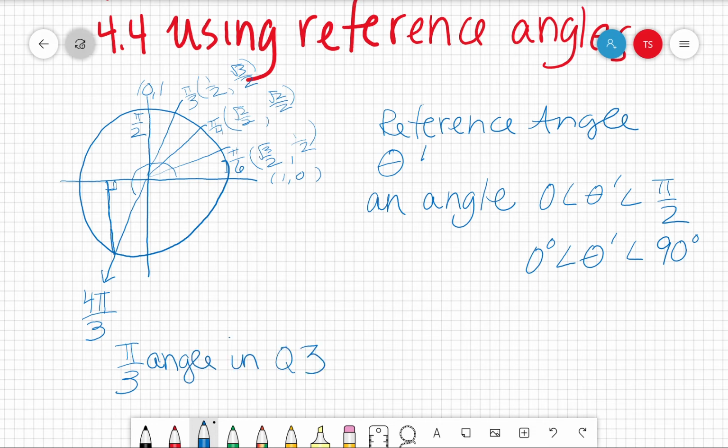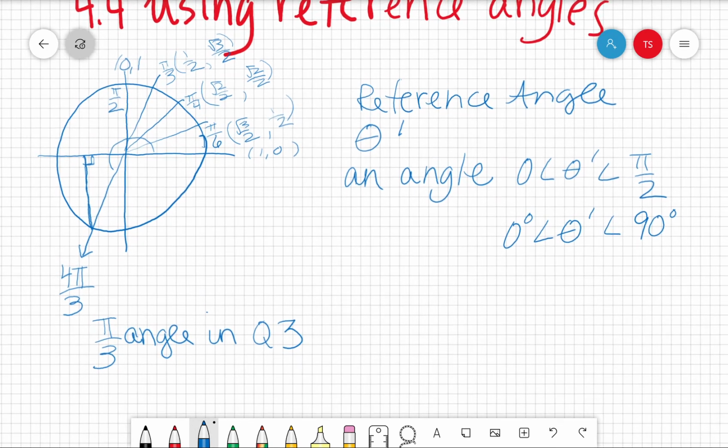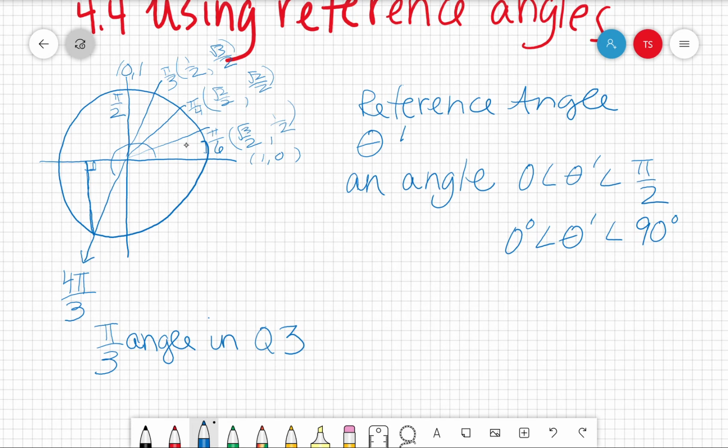So the pi over 3 angle in quadrant 3 will have the same cosine and sine, the same x and y values, as pi over 3, except that we know that in quadrant 3, both of those values are negative.